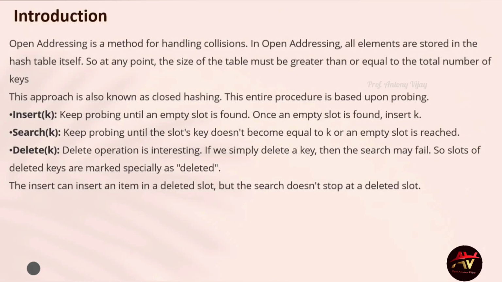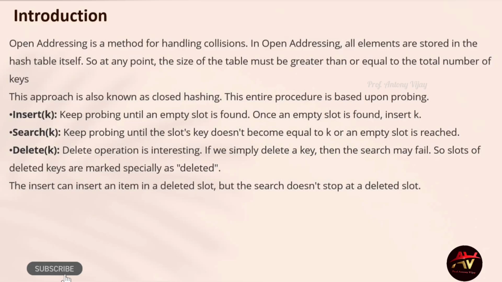Let's have a look at the introduction of open addressing. This technique is mainly used for handling collisions. The main target is to find an empty slot and place the key in it, so the size of the hash table must be greater than or equal to the number of keys in the table.